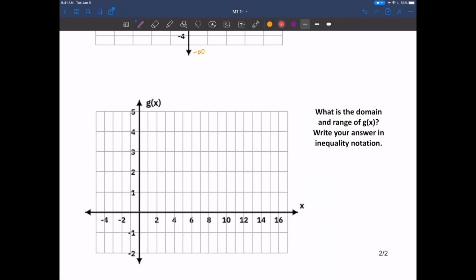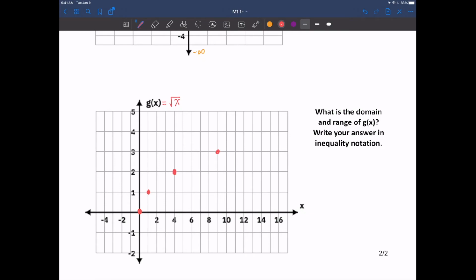All right, let's quickly work on g of x. G of x was the square root of x, by the way. So we had the coordinate point 0, 0. So we're going to put that there. We had the coordinate point 1, 1. Okay, and we had 4, 2. Then we had 9, 3.